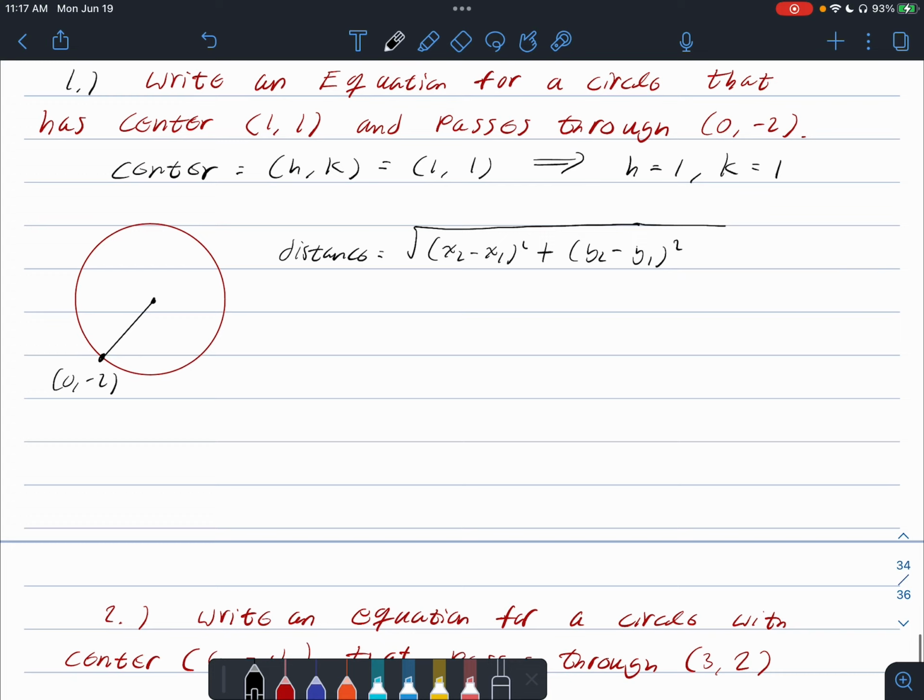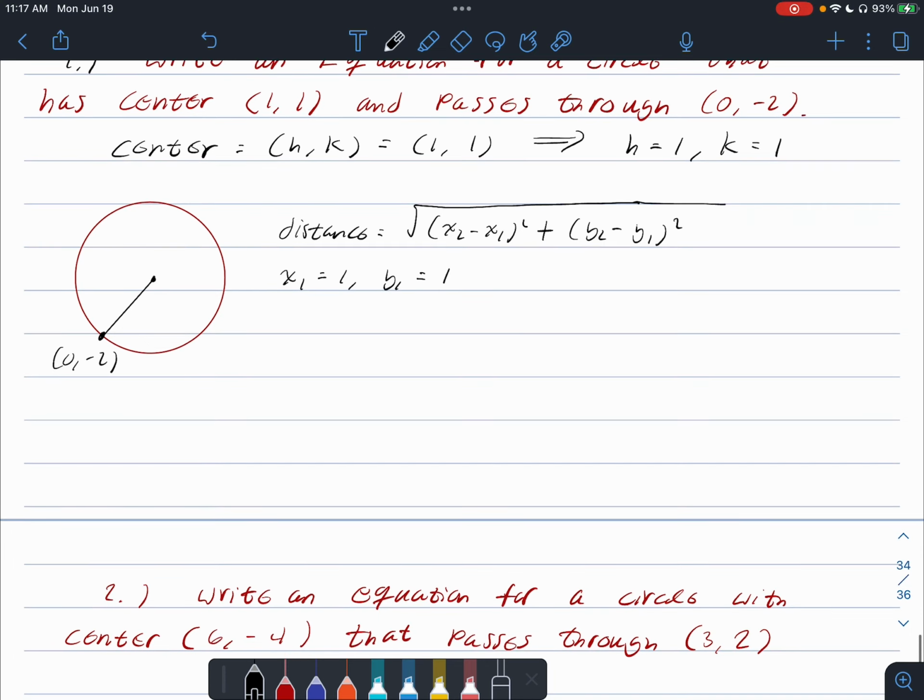Okay, so let's go ahead and do this. So we'll say we want to find the distance between the point (1, 1) and (0, -2). Here we'll say that x1 is 1 and y1 is 1. So we're basically labeling the center as point 1 here. Okay, and we're going to say that x2 is equal to 0 and y2 is equal to -2.